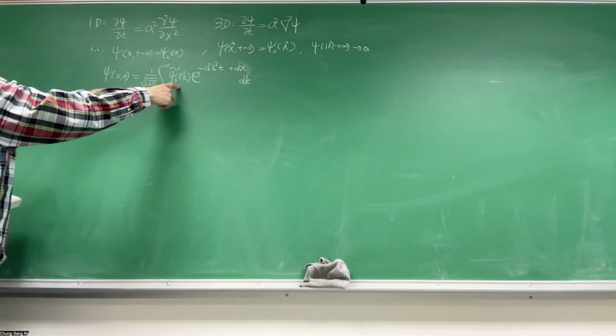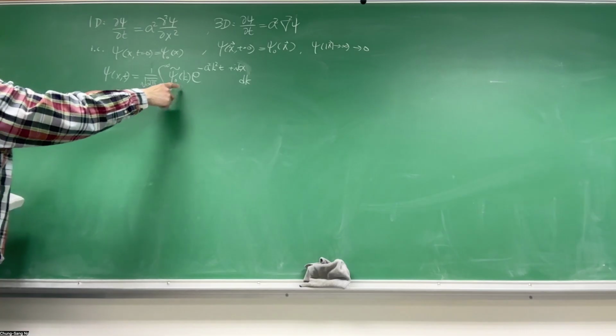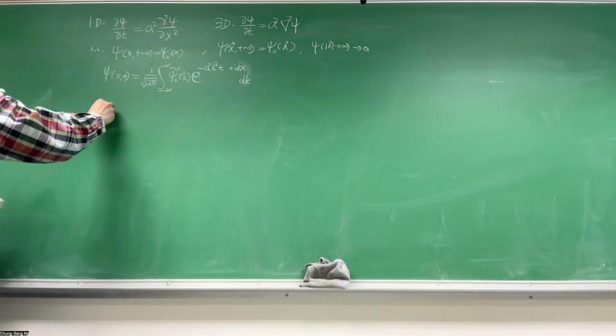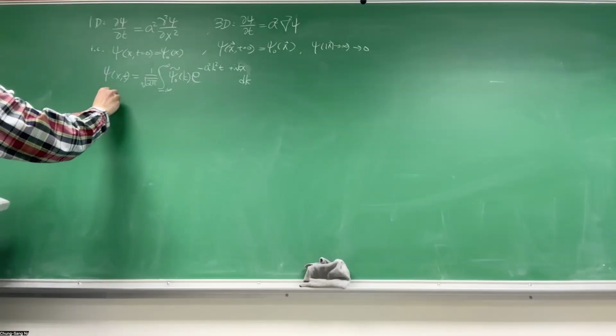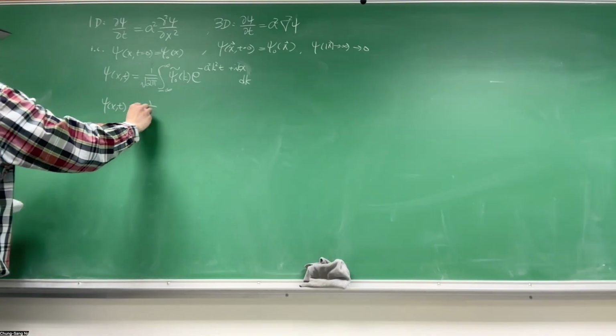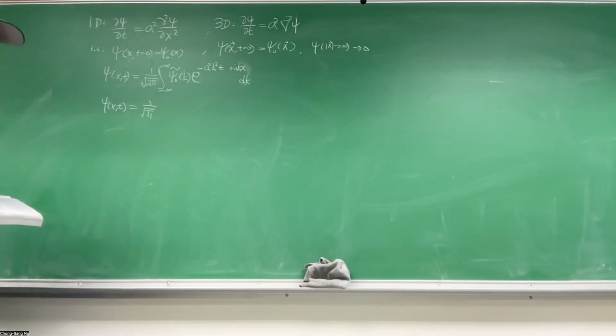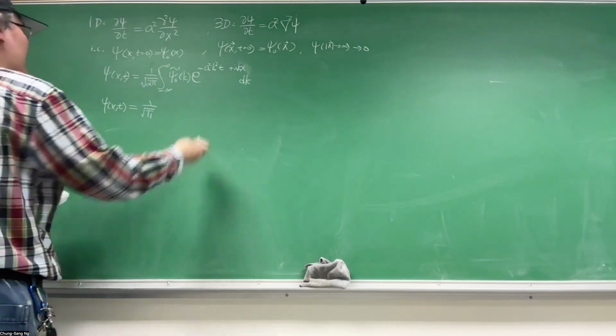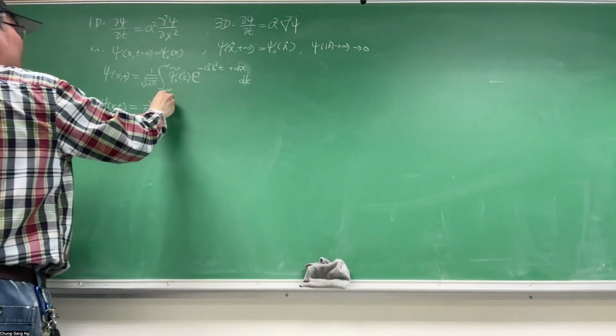And then we finally showed that, substituting the transform formula for the Fourier transform of psi 0, we can show that psi of x, t also equals, the textbook calls it the alternate solution, but it's actually the same solution. Last time we showed that you can get from here to here.